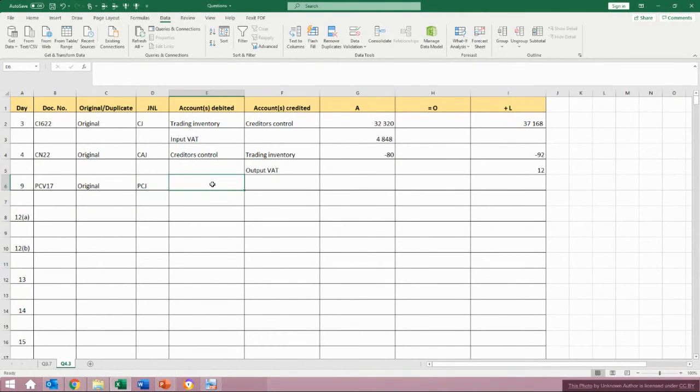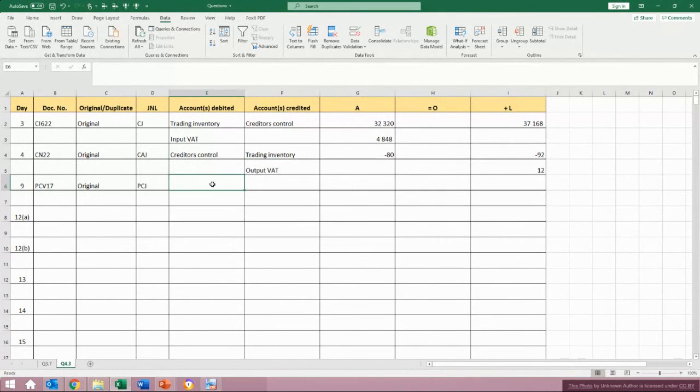Okay, so petty cash journal. So we've got petty cash. Now we said from that petty cash, we bought 4 paper reams at 22 Rand each. It excludes VAT, and 3 lever arch files at 21 Rand each, also excluding VAT.